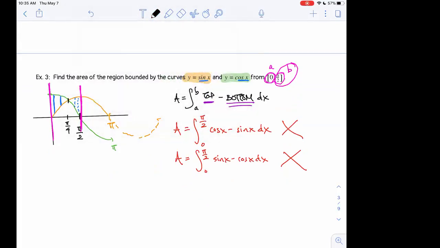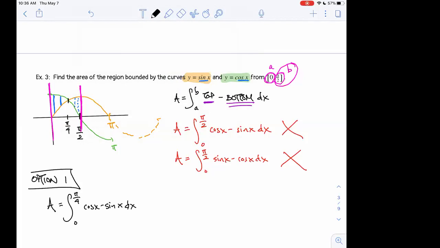Here's one option. Option 1: I can do this as 2 separate mini problems. So I can say the area equals the integral from 0 to pi over 4, the point where they switch, of cosine x minus sine x dx.